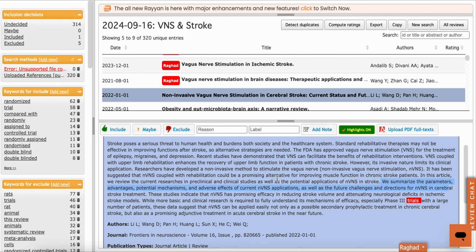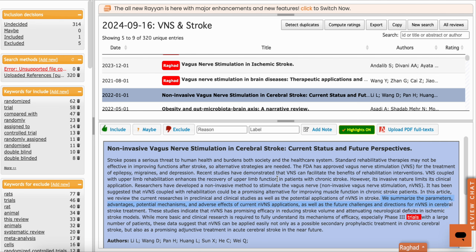It's a review. But if you are not sure whether it's excluded or included, you can put maybe, and you can write here your reason or tips to discuss later with your team, for example that it's not clear, it's a review, and so on.